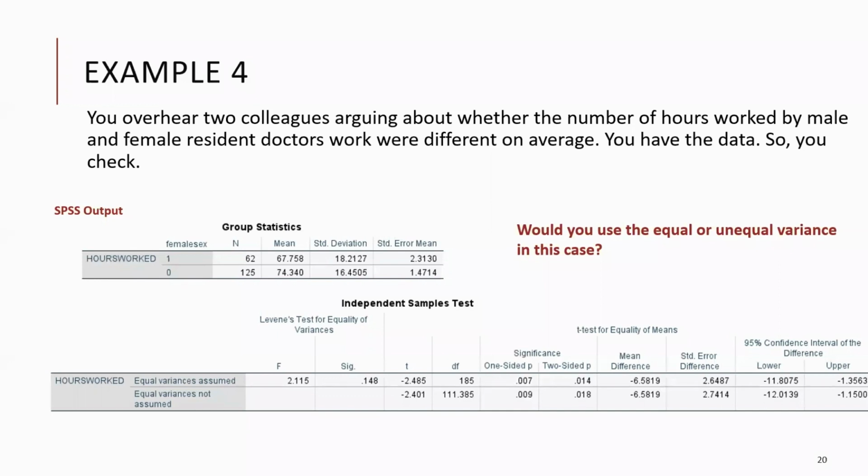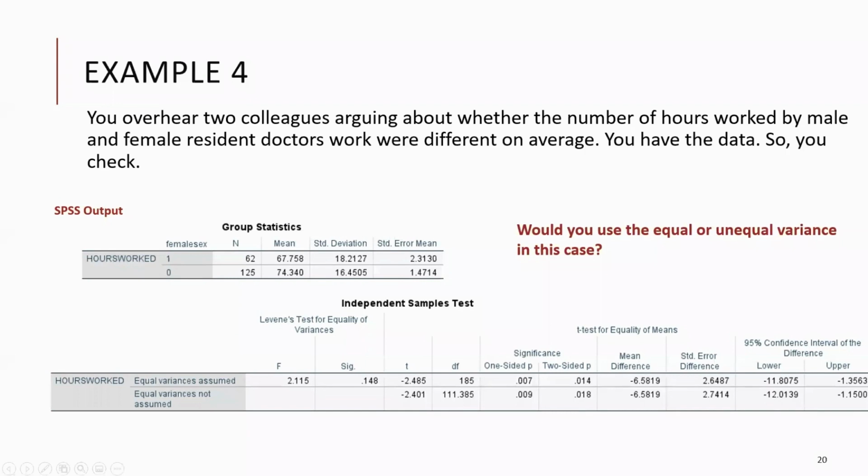So just like we mentioned on the last slide, it's usually safe for us to assume unequal variance here. But as you can see, the test results put out from SPSS on your screen give you the results for when you make either assumption, whether equal or unequal variances.